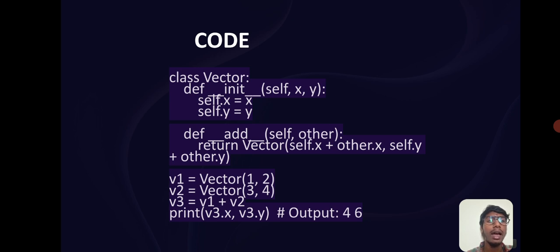And define add of self, other, returning a Vector of self.x plus other.x, comma, self.y plus other.y. v1 equals Vector(1, 2) and v2 equals Vector(3, 4) and v3 equals v1 plus v2, and print v3.x and v3.y. Then the output is 4 6.